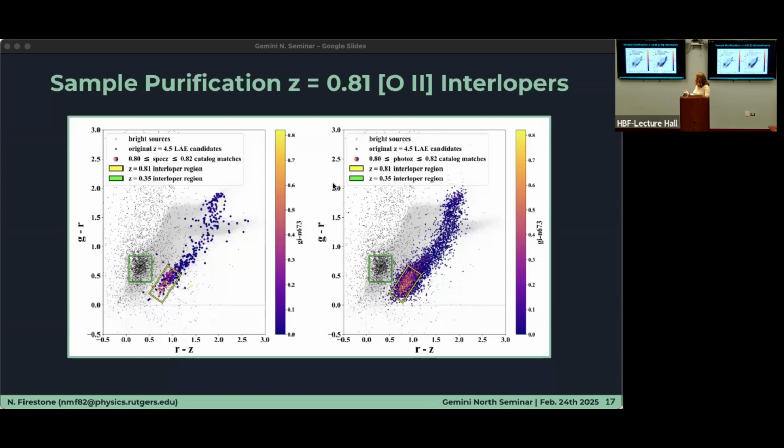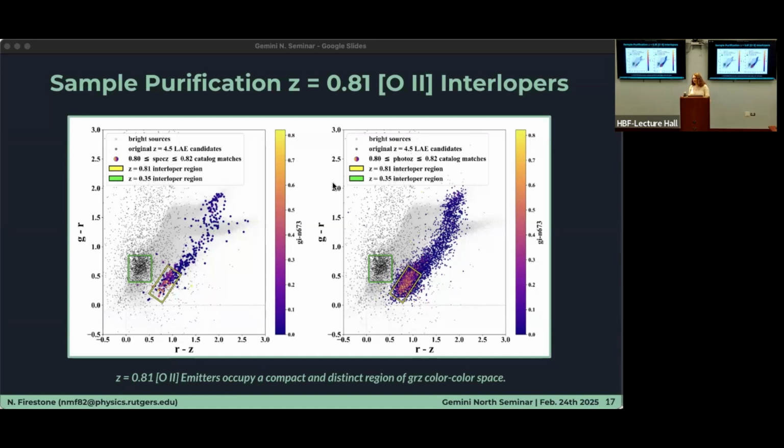And what we see when we do this is that the objects that fall into this redshift range with stronger presence of an emission line fall into a very compact and distinct region of GRZ color space, which you can see outlined in this yellow box here. And this helps us to identify any O2 emitters that might end up in our sample.